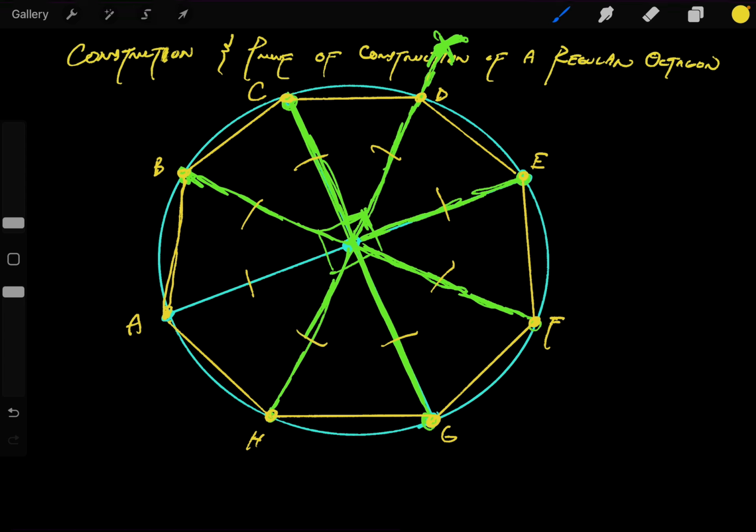That's obvious because they're all radii. So let's write that. Proof. Let's call the center point O. All radii to each one are congruent. So then all of those segments that I ticked out are congruent.